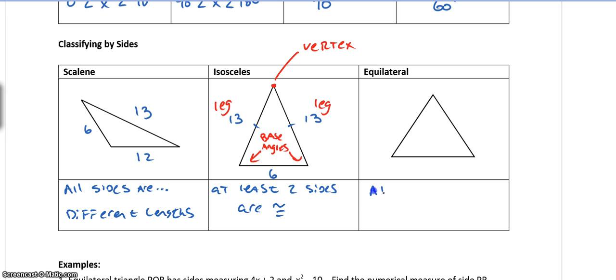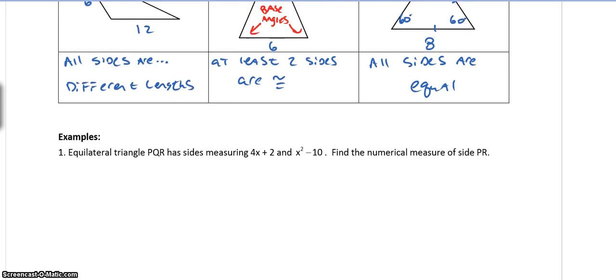In an equilateral triangle, all sides are equal, so they could all be 8. Now what's awesome about an equilateral is when all the sides are equal, the angles are also equal, because it has to be 60. Cool?